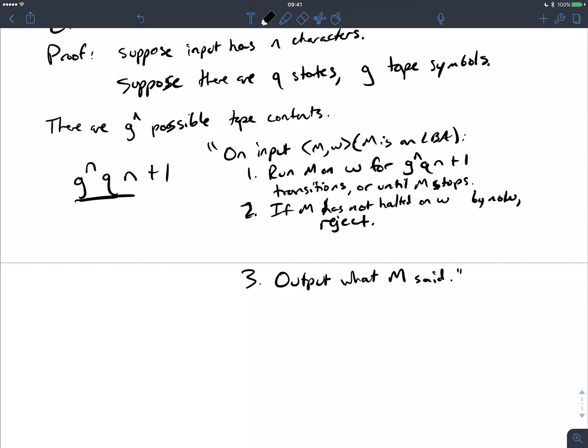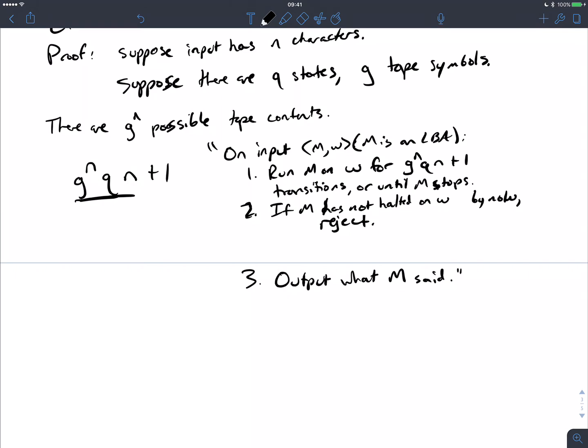That's G to the n possibilities. I can be in any one of those states. If there are Q states, that must mean Q possibilities for each of those. And the tape head could be in any one of the n locations, so times n. That's the total number of possibilities. But if I add one more onto that, and I haven't accepted, then I will repeat it.